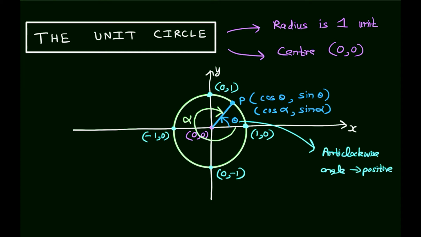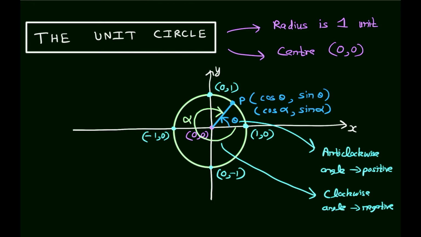On the other hand, the clockwise angle, which is alpha in this case, is written as negative. So that's the difference between anti-clockwise and clockwise.